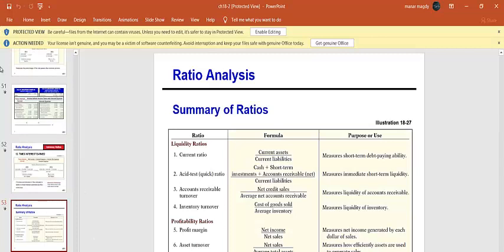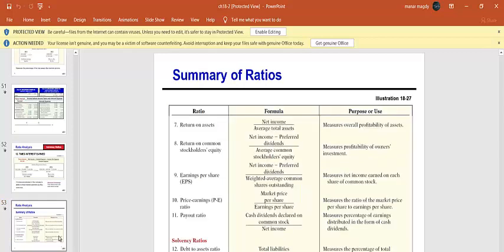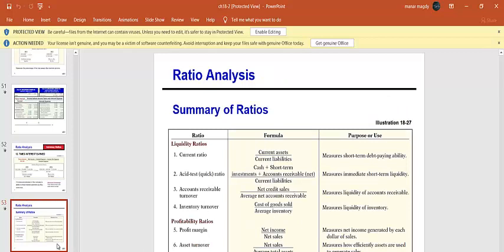This table gives you a summary of the ratios that we are going to apply. The ratios that we use in analysis are subdivided into 3 categories. First, liquidity ratios, secondly, profitability ratios, and third, solvency ratios. Let's start with the liquidity ratios.